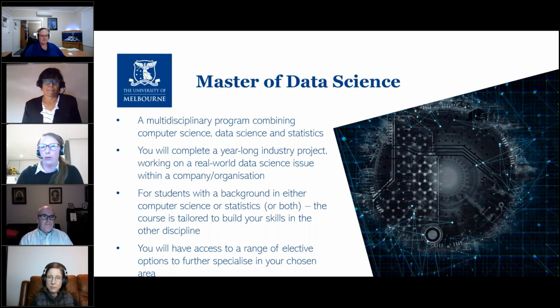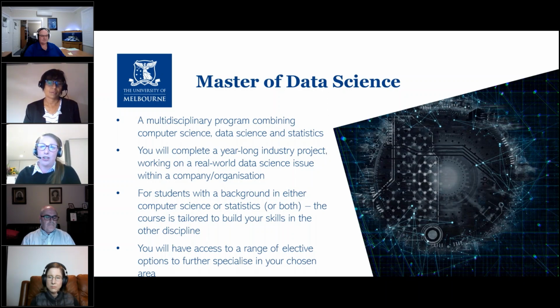The Master of Data Science. A lot of data science programs are about reading the data, but as Michael will touch on, the Master of Data Science at the University of Melbourne is really about building those models. So it's a multidisciplinary program combining computer science, data science, and mathematical statistics.